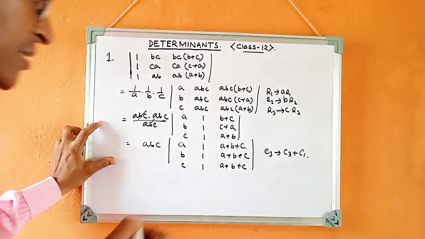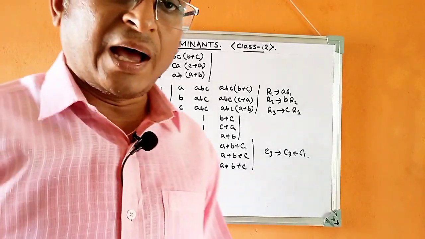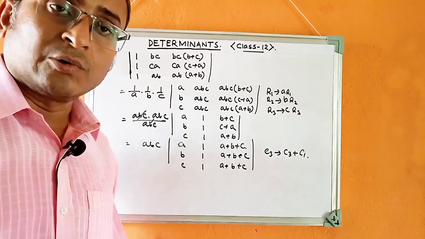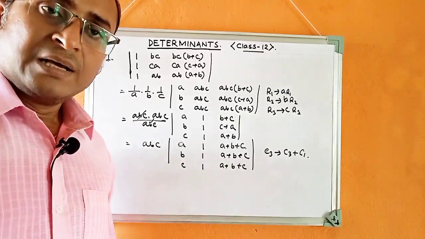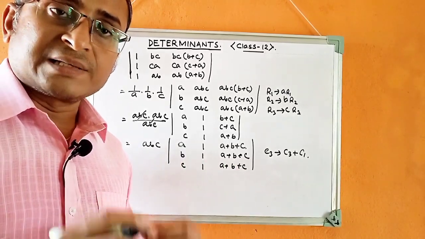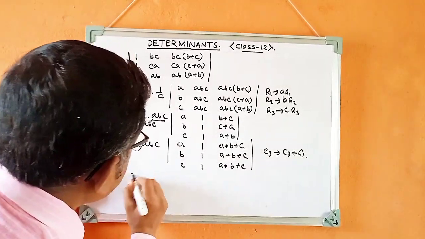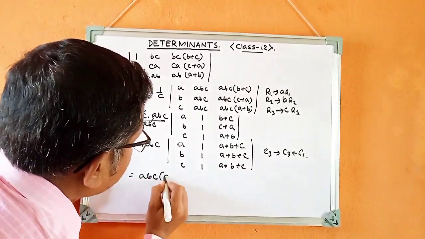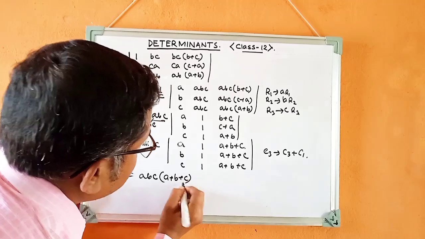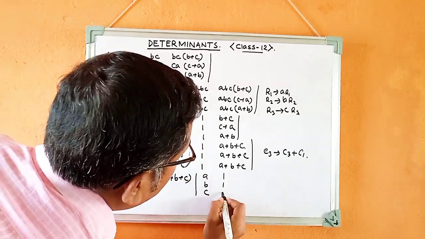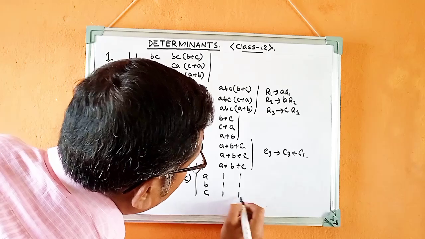Now see, A plus B plus C in the column 3 are the same, so take A plus B plus C as common from the third column. So we get ABC, then A plus B plus C, after that A, B, C, 1, 1, 1, then 1, 1, 1.